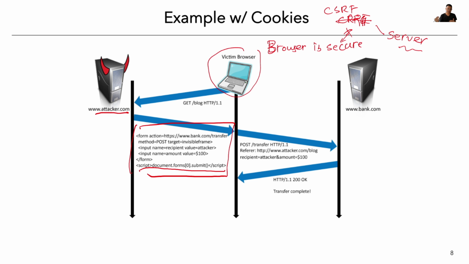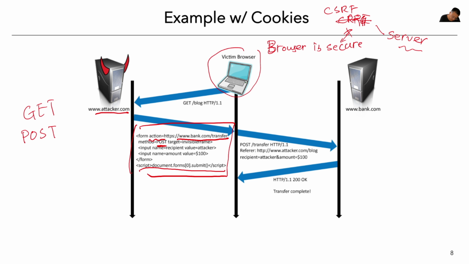So when the victim's browser tries to open this page, it will automatically load this iframe, which will submit the request, right? So bank.com and transfer will be the action, and the method will be post. We mentioned in the last lecture that we have post and get, those two methods to submit a form, to submit a request.